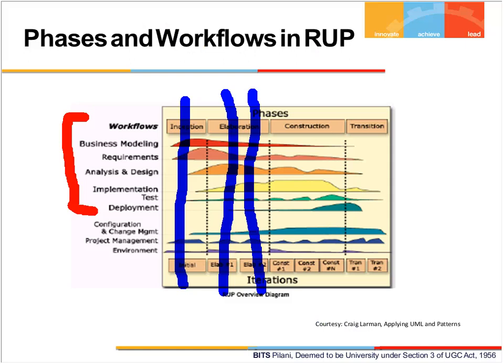So if you see in this construction phase, there is still a little bit of business modeling, still a little bit of requirements, still a little bit of analysis and design. In fact, more of analysis and design, but too much of construction, right? So in the construction phase, the major emphasis is on implementation, on construction and testing. However, there is work going on in the other disciplines as well, right?